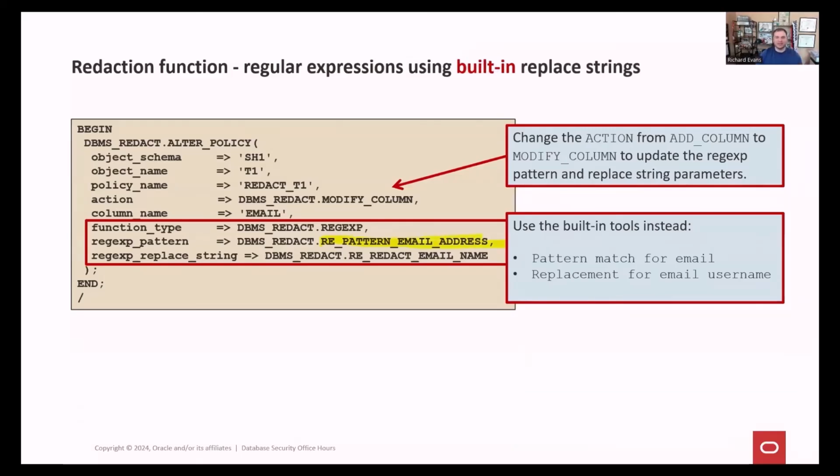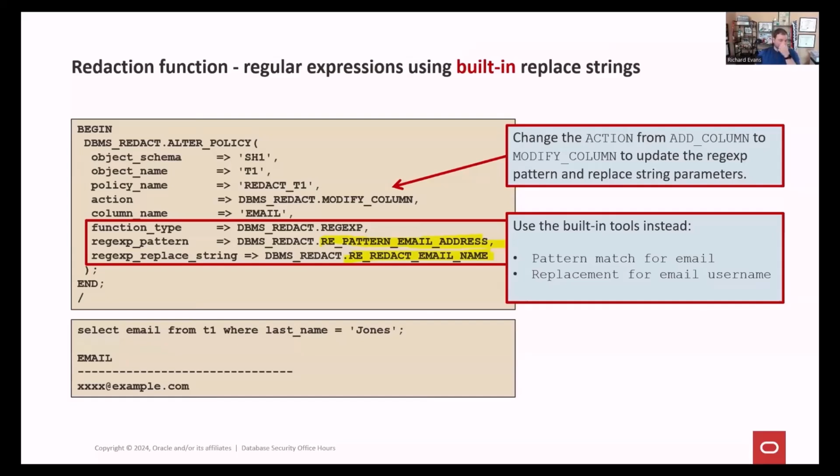It's an email address. And we're telling it what we want to redact. We want to redact the email name, so the first half of the email, not the domain, the user itself. So instead of Emily Jones, we're going to see 4 X's. That's how this built-in pattern redacts that data for you.